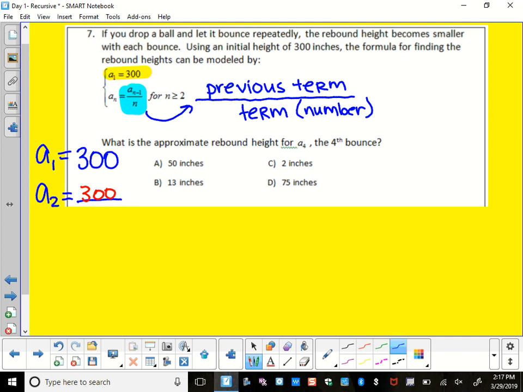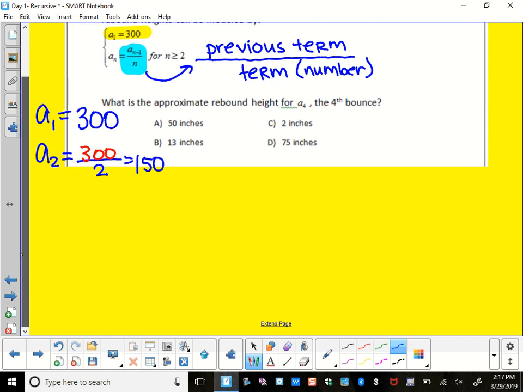Whatever term is basically whatever number I'm on. Okay? Yes, good. It is 2, because I'm on my second term. What's 300 divided by 2? 150. All right. Let's go to my third term. I need my previous term divided by your term.